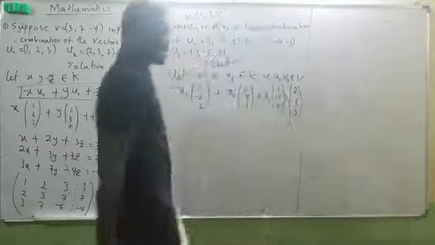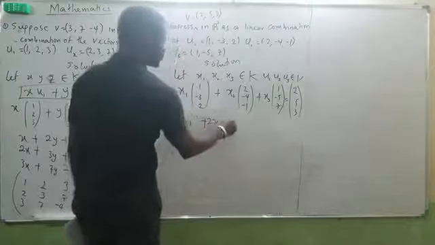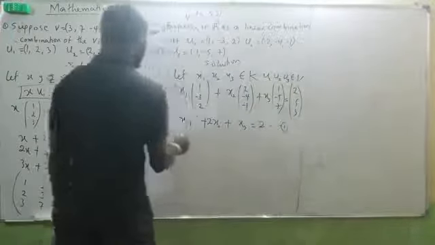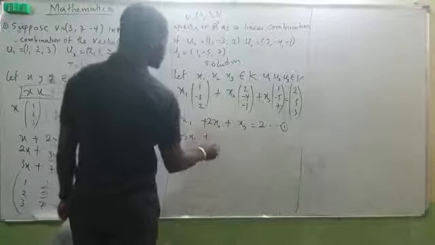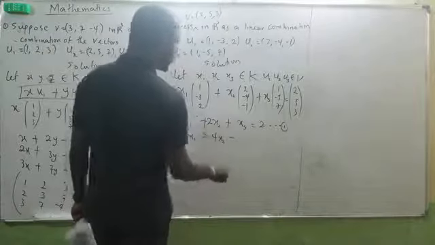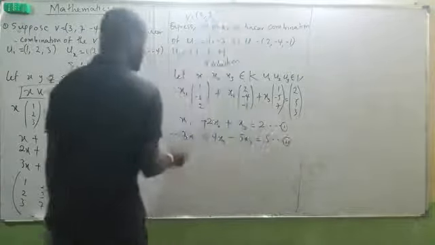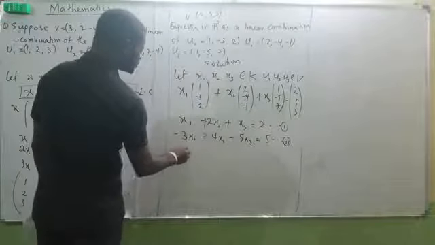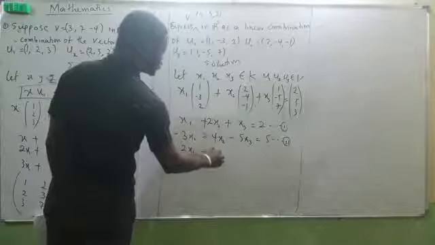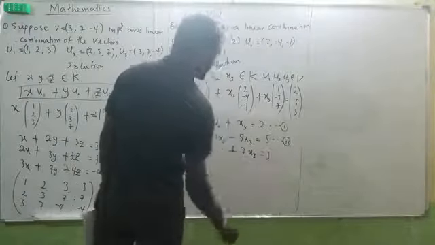Now, everybody should understand what is called linear combination, which is x1 plus 2x2 plus x3 equals 2, equation 1, and minus 3x1 minus 4x2 minus 5x3 equals 5, equation 2, and 2x1 minus x2 plus 7x3 equals 3, equation 3.